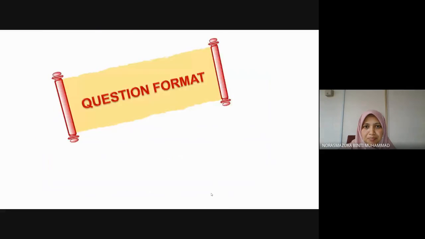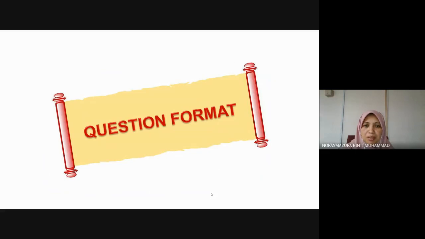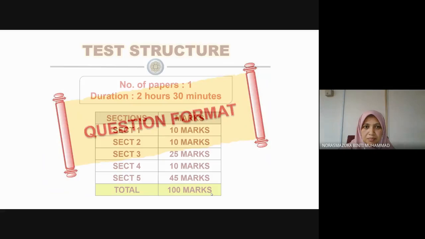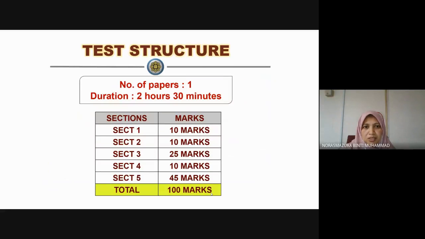Okay, this is the question format for APT. The structure: only one paper. The duration is 2 hours 30 minutes. There are 5 sections for APT. Section 1, 10 marks. Section 2, 10 marks. Section 3, 25 marks.